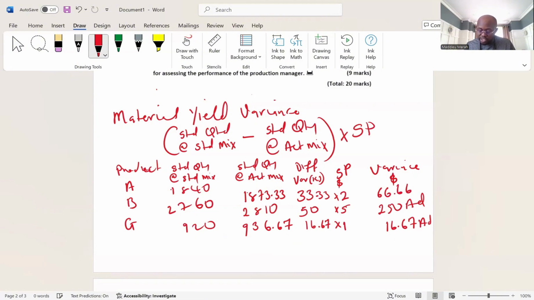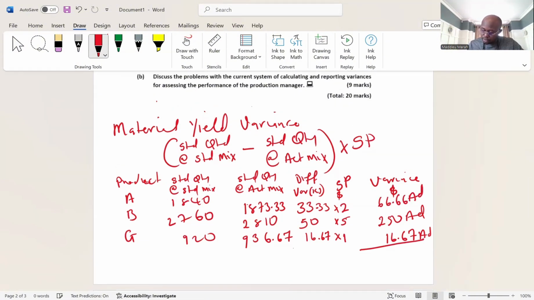And this is going to give me which type of variance? Adverse. So all our variances are adverse, 250 and 16.67. So our total yield variance would be 333.33 adverse. It's our total yield variance.